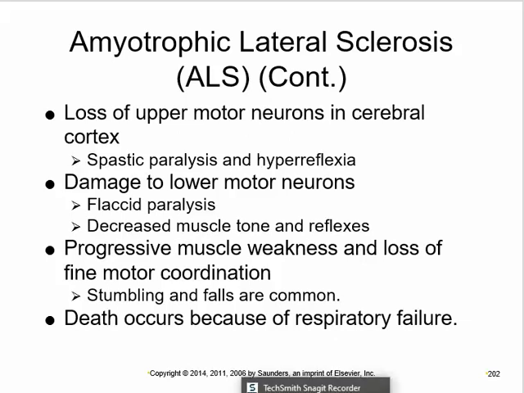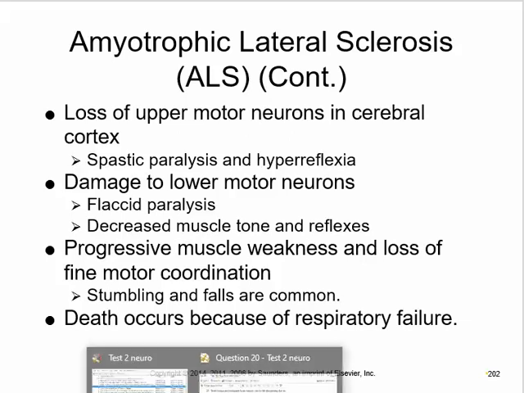So there is some research going into looking at how glutamate is processed, and maybe treatment in the future will revolve around that.